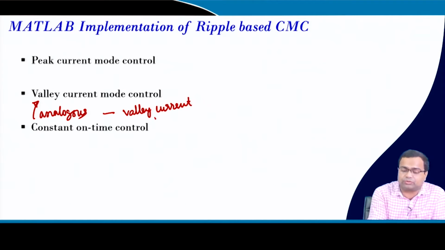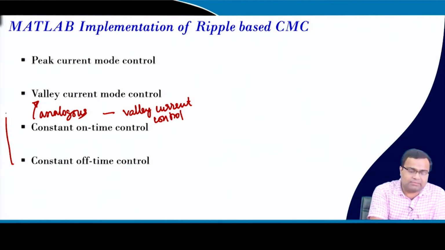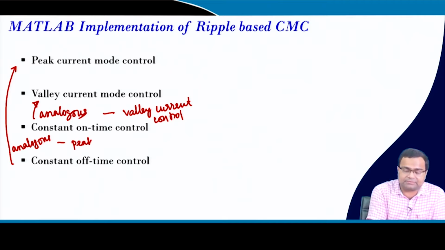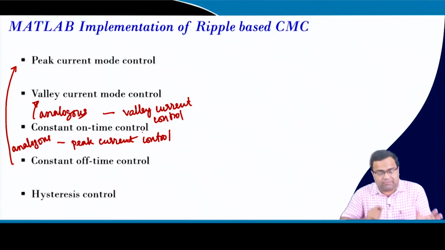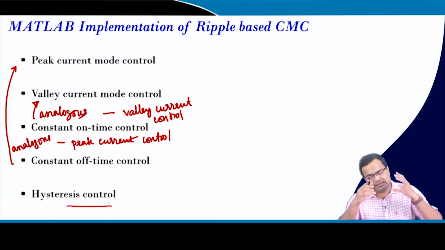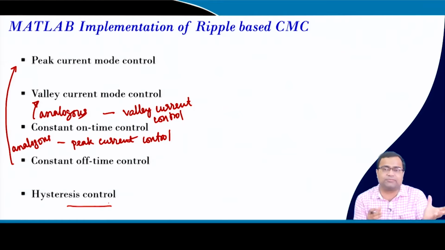Constant off time is analogous to peak current control. And finally, hysteresis control. Hysteresis control can be configured in peak version, and it can also be configured for valley.